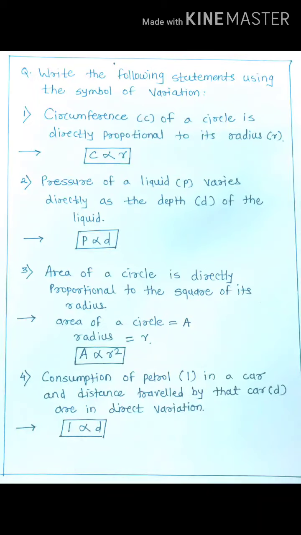So, P is directly proportional to D. Third example: area of a circle is directly proportional to the square of its radius. Here, area of a circle is A, radius is r, so A is directly proportional to the square of its radius. So, in this way, we can write the symbolic representation of direct variation.